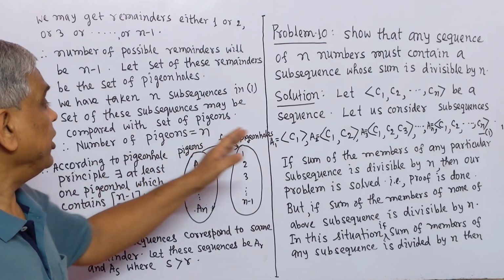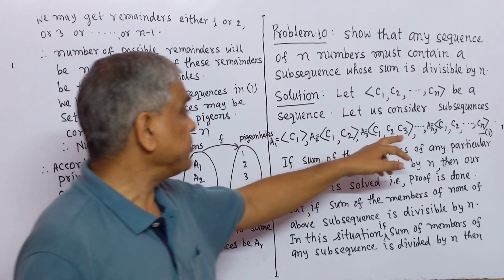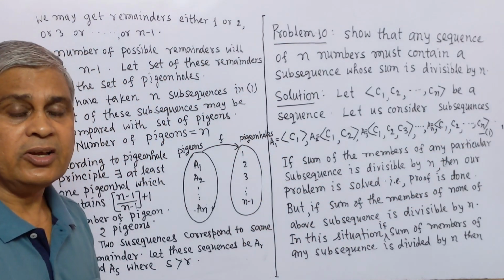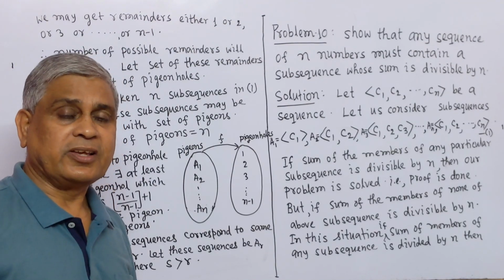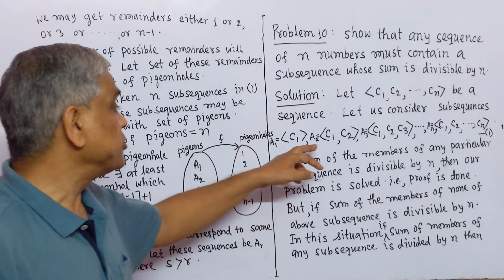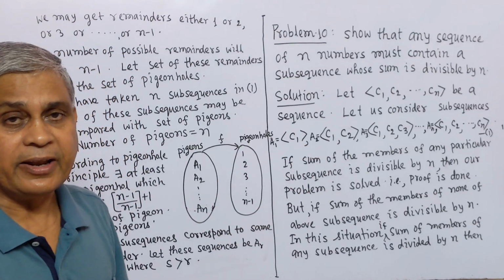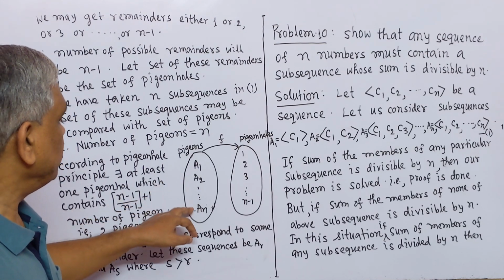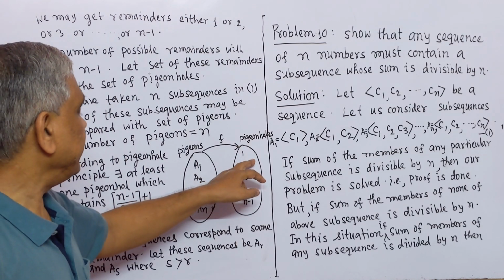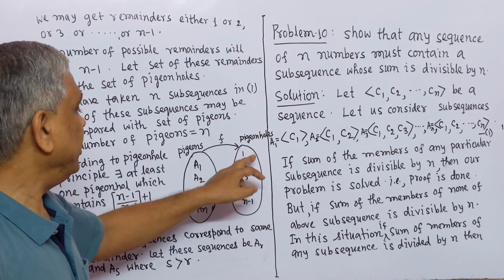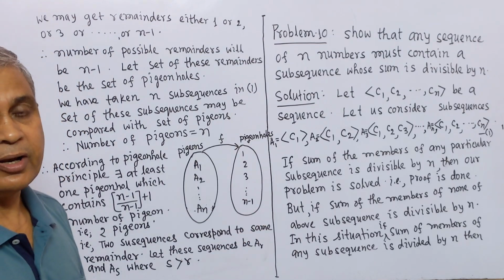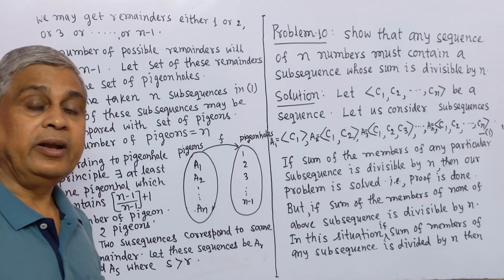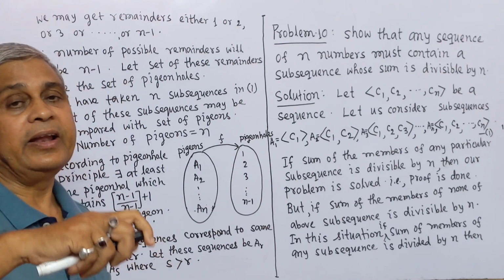Here we have n subsequences. Let the collection of these subsequences be the collection of pigeons. The number of subsequences is n, therefore the number of pigeons is n. This is the set of pigeons a1, a2, ..., an, and this is the set of remainders 1, 2, 3, ..., n minus 1. Here we have not taken remainder 0, because when divisible by n, the remainder is 0.